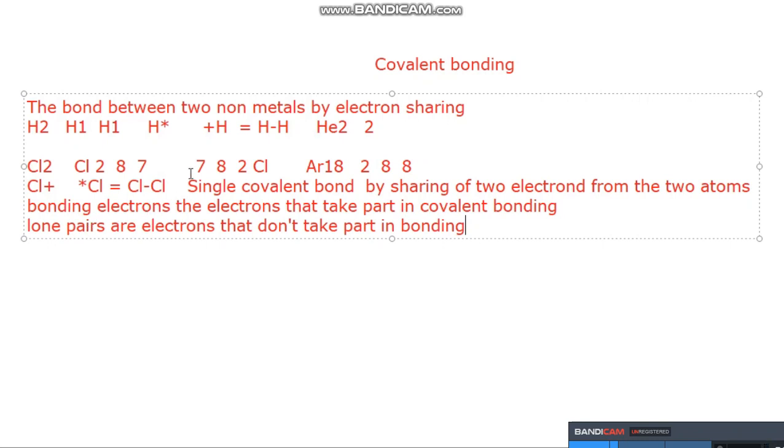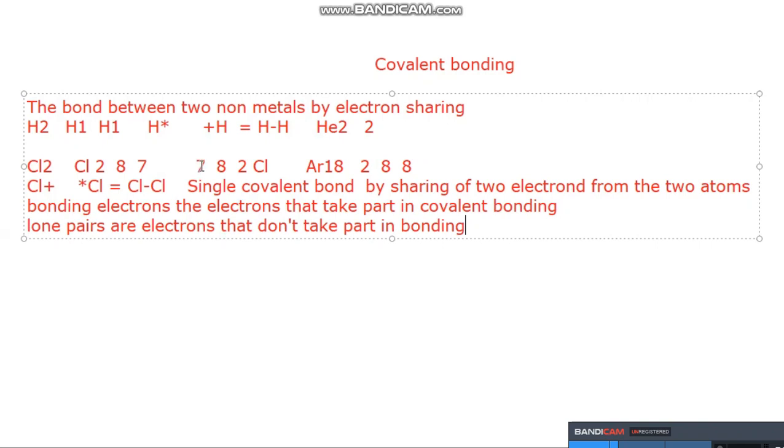Lice, how many lone pairs for each atom here? Can you count how many lone pairs? Pairs means 2. The word pairs means 2. So we have 1 electron that takes part in bonding. The other 6 are called lone pairs. So how many lone pairs here? We have 7 electrons. One of them takes part in bonding.